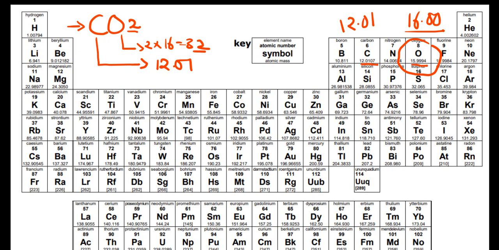We add this 32 plus 12.01, and we get 44.01. The units for this molecular mass are grams per mole.